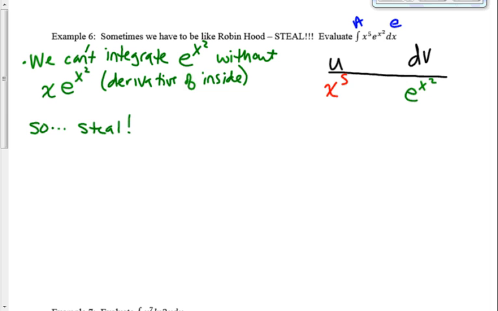I need to steal. So I'm going to steal an x from my u. So just a little side note, don't write this down. X to the fifth is the same as x to the fourth times x to the first. So I'm going to take this x to the first and I'm going to put it with my dv. So my x is going to go over here, which leaves me with an x to the fourth on this side. So I still have this e to the x squared over here.